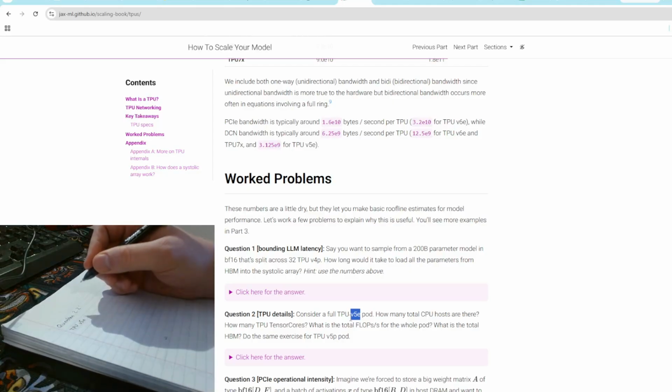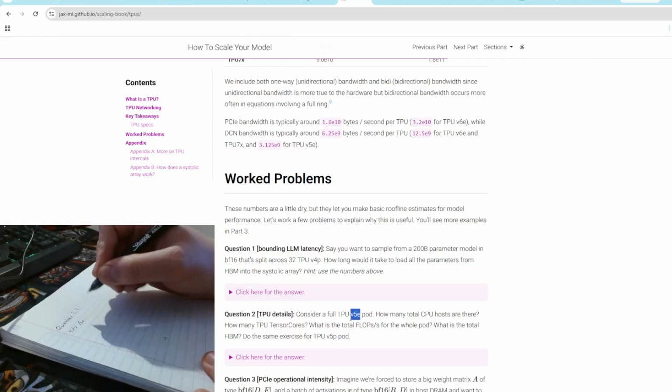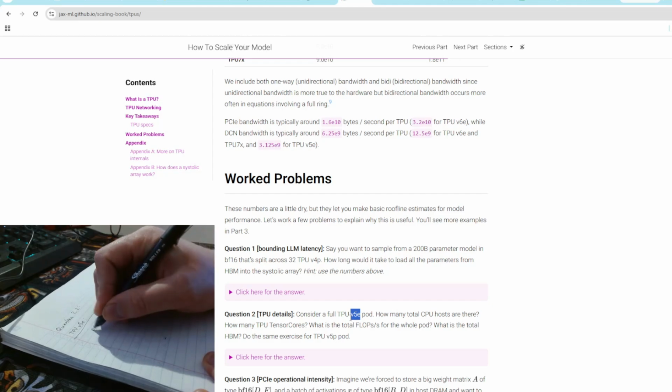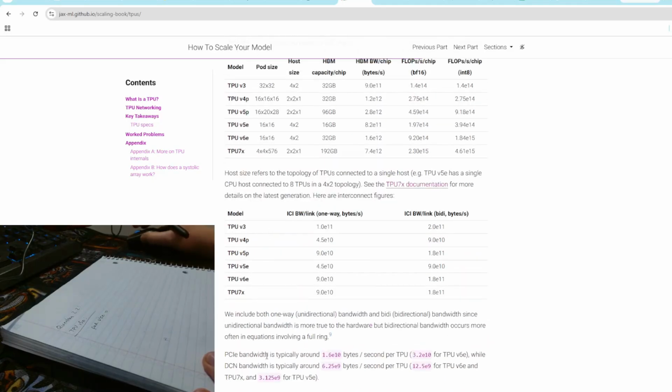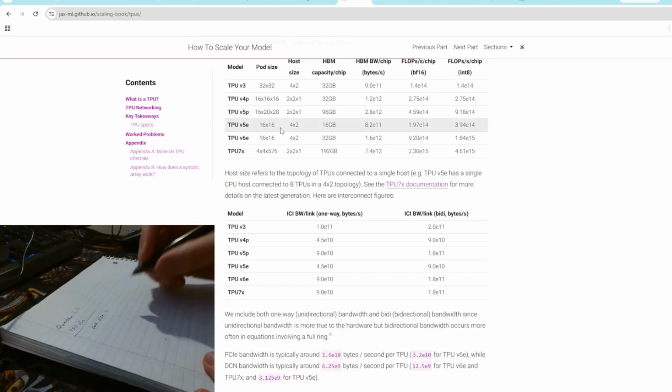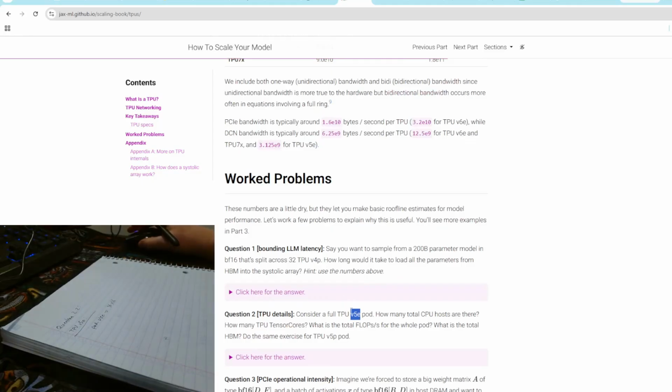TPU v5e. Pod size equals 16 by 16. Okay, 16 by 16. How many total CPU hosts are there? There should be 1, right?